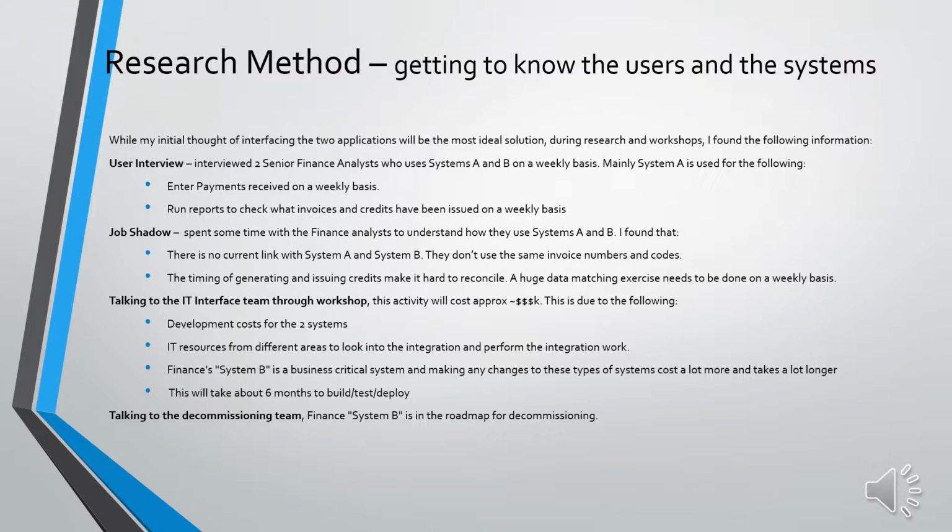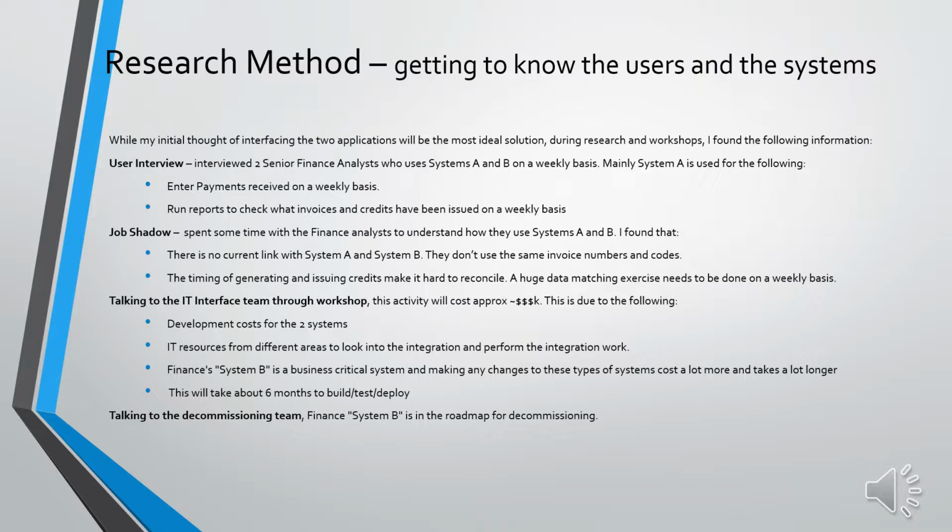Having talked through the IT interface team as well, I found that the development costs and the resources would cost a whole lot of money, which is not ideal, especially since, talking to the decommissioning team, they've advised that System B, which is the finance system, is in the roadmap for decommissioning.